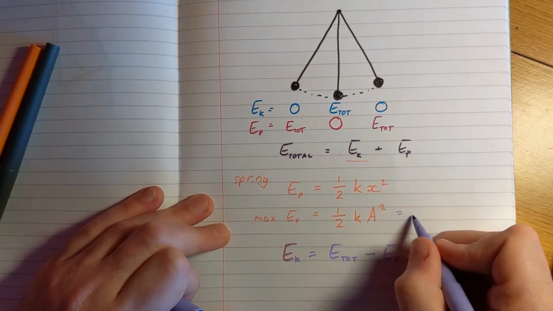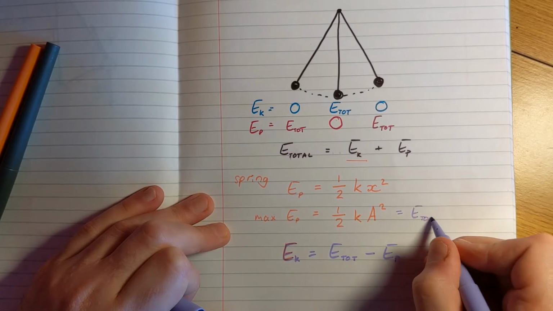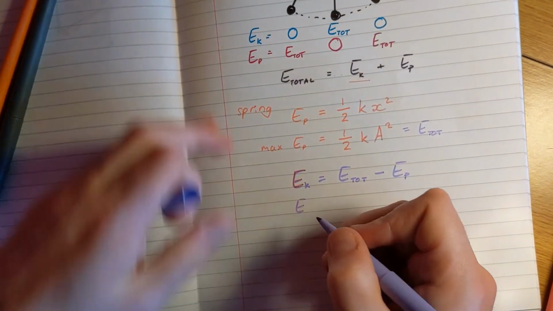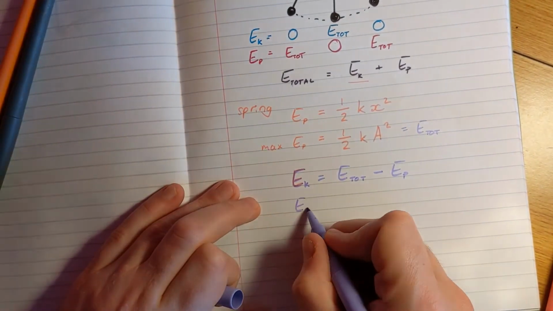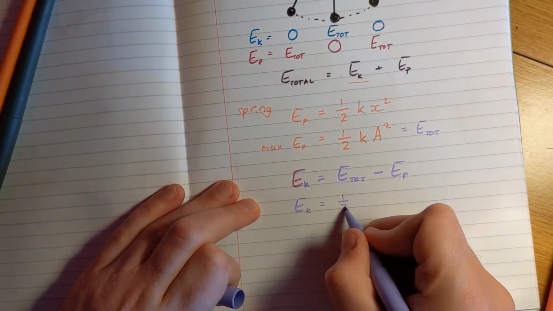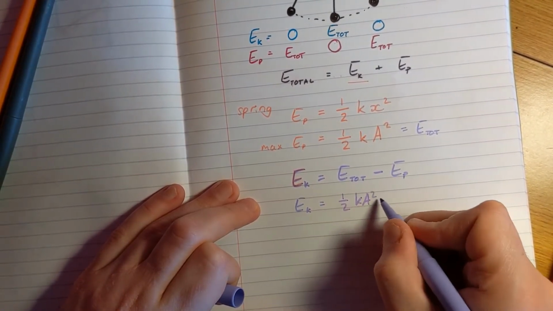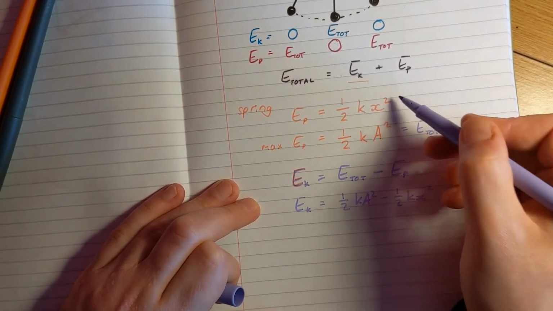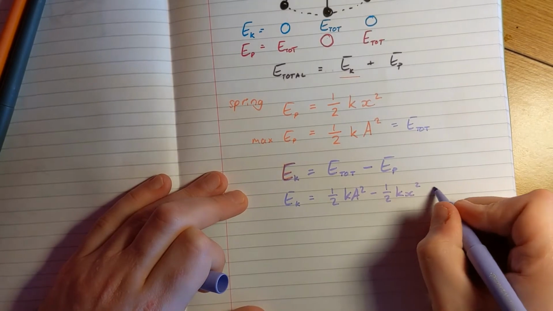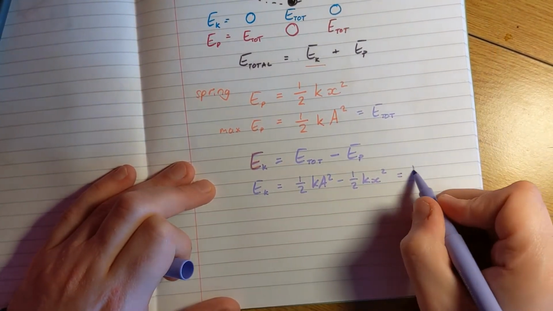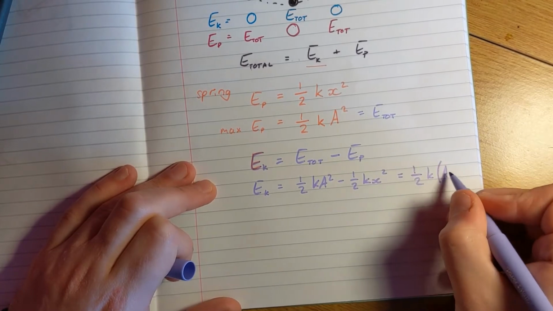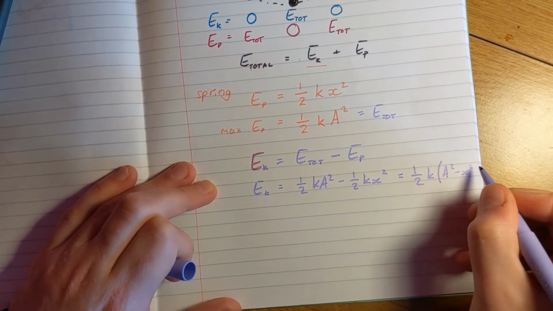So actually this is also equal to E total. So the kinetic energy of the system is in fact a half k a squared minus a half k x squared by substituting in these two, which we can then factorise into a half k, a squared minus x squared.